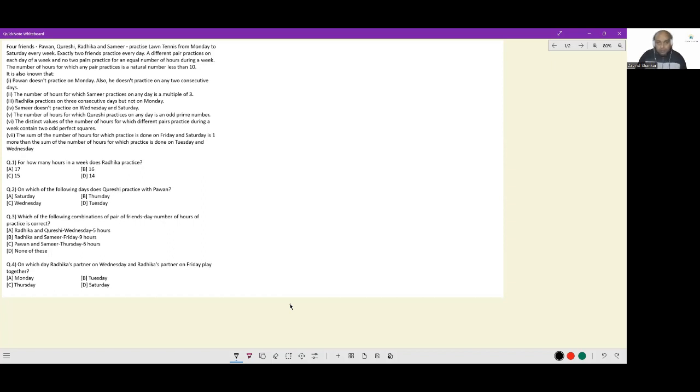What I'm doing right now, I'm writing down the names of these people: Pawan, Qureshi, Radhika, Samir, and the number of hours they practice for. And then the days of the week: Monday, Tuesday, Wednesday, Thursday, Friday, and Saturday.